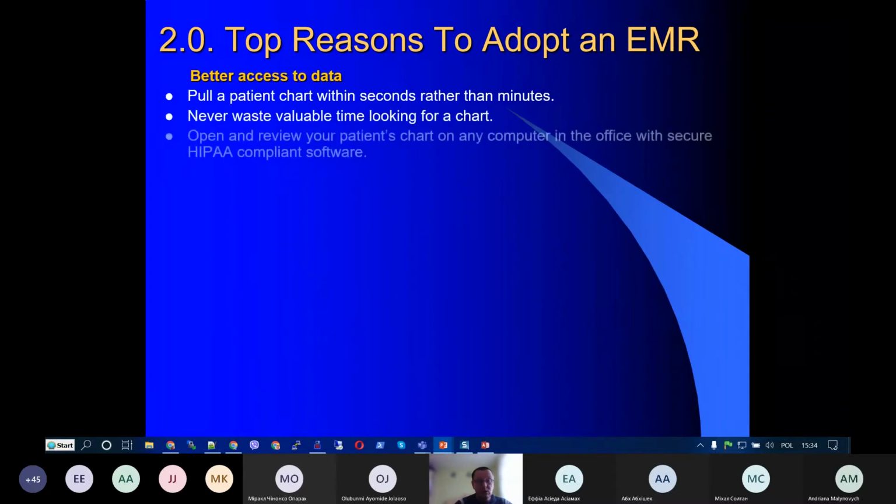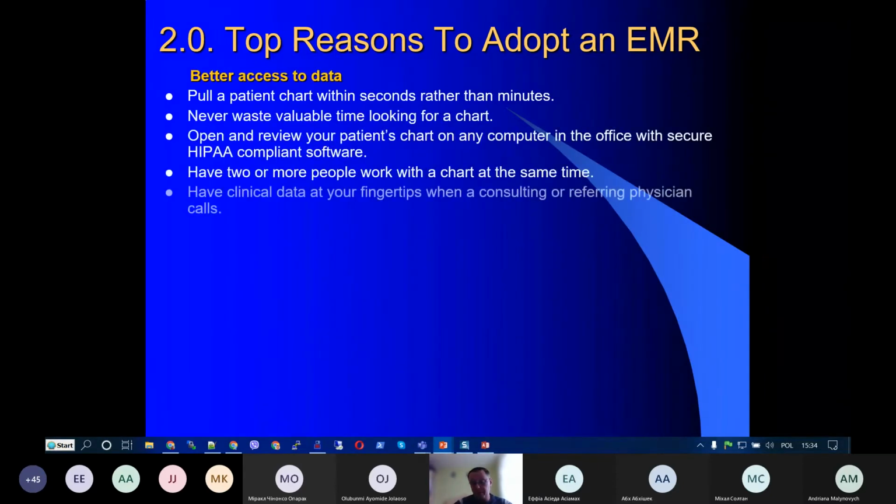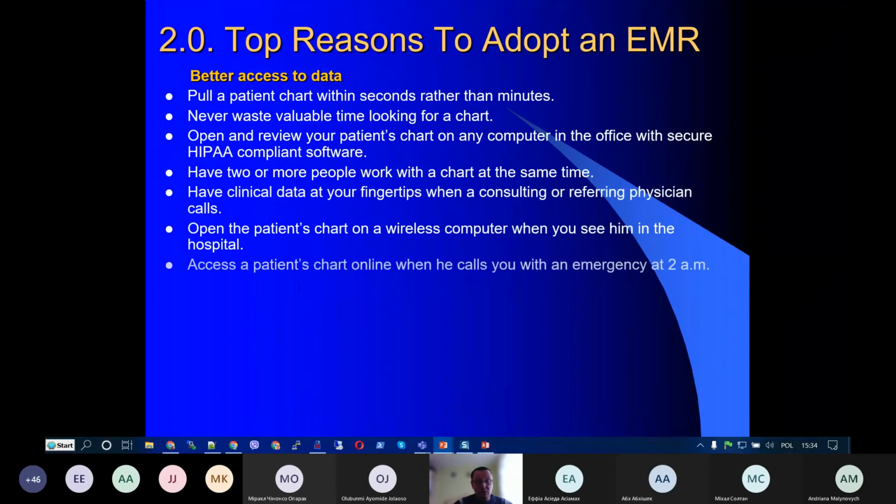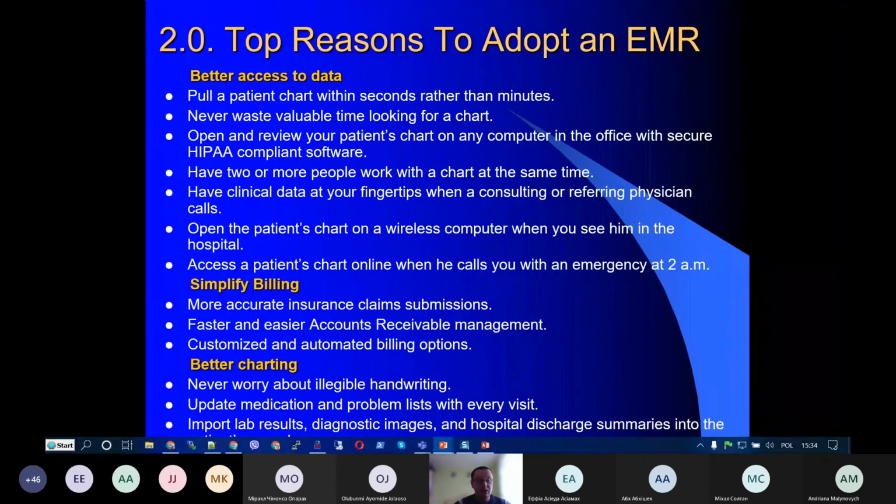There are multiple reasons why we move from paper representation to digital representation. We can access data in seconds, we don't waste valuable time looking for a chart, and the information can be secured for sure if the whole information system in the physician's office or hospital is secured properly.